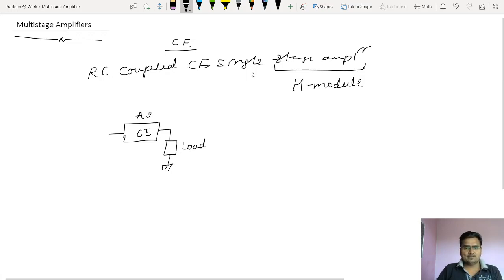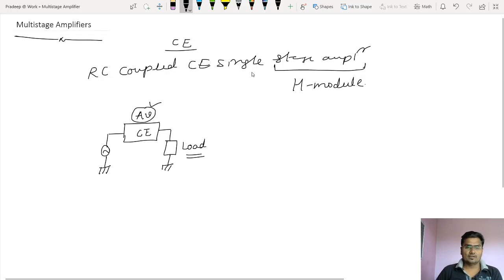Now in your case, if this voltage gain is not sufficient, I'm just taking an example of voltage gain. In case the current gain is also not sufficient, then also we can go for the same. You have applied some input voltage to this amplifier and you're driving a load, but the voltage gain is not sufficient.